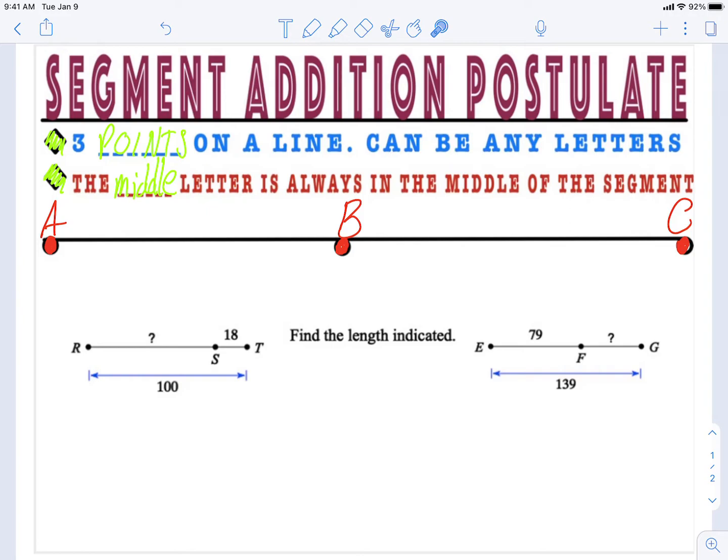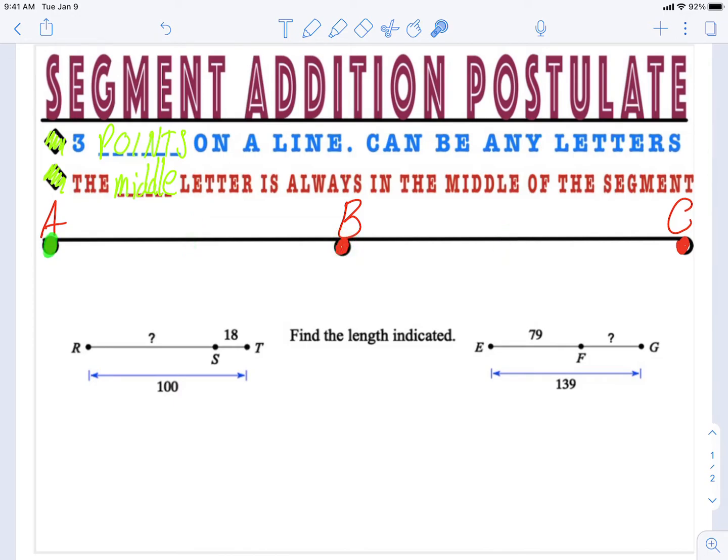So a segment is a line that starts at one point and ends on another, right? It has 2 endpoints. So when you put a point somewhere in the middle, it creates 2 smaller segments, right?